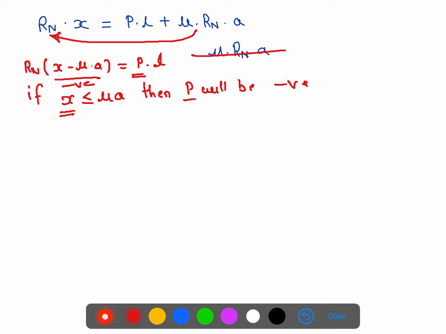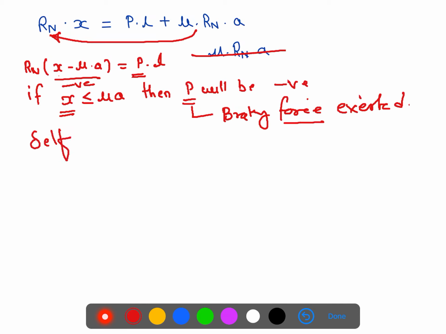Now P is what? Force, braking force exerted. Now when I say braking force exerted and it will be negative, it means that this type of brake will be self-locking brake, or self-locking brakes.